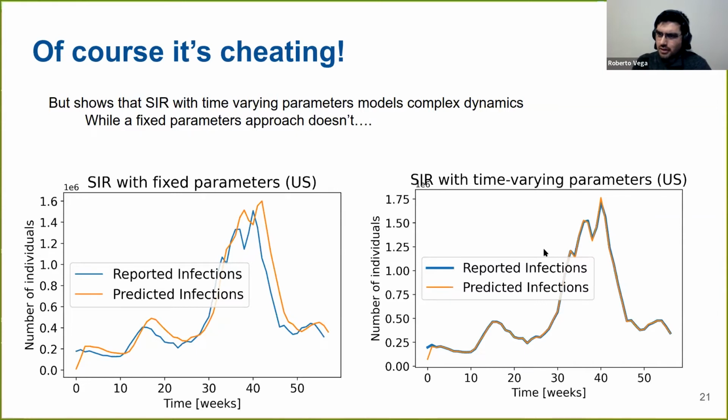Again, I know that this is not valid from the machine learning point of view, but what we wanted to show with this is that if we allow the parameters to change every week, then we can describe the complex dynamics of the evolution of COVID-19, even with a simple SIR model. And we cannot do that if we use the traditional version that contains only a fixed value of beta and gamma.